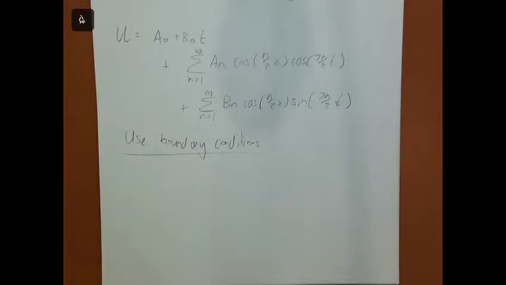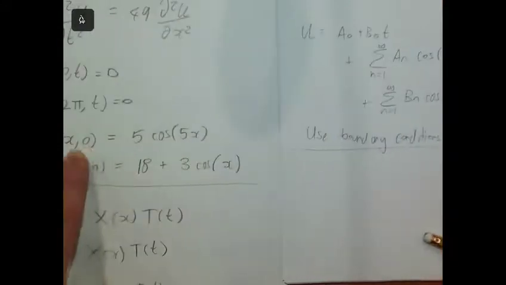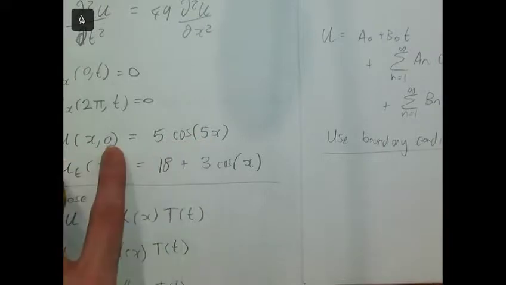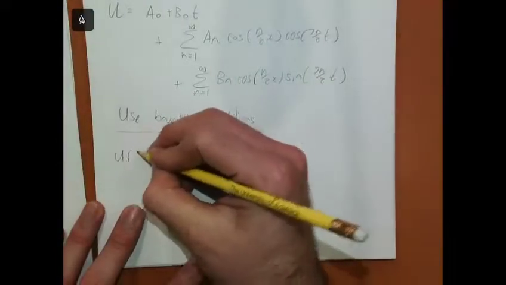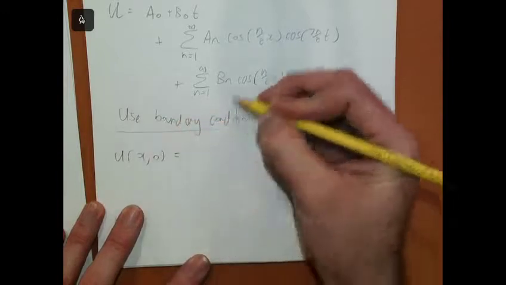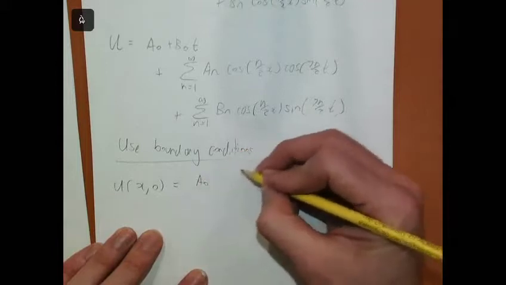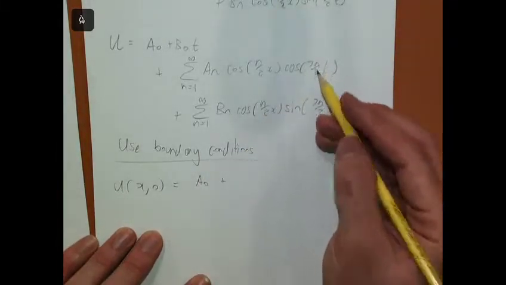So we use our boundary conditions. This says that u of x0 is 5 cos 5x. So that's saying I sub in t equals 0. So when t is 0 here, I just get a0. And when t is 0 here, I get 1.